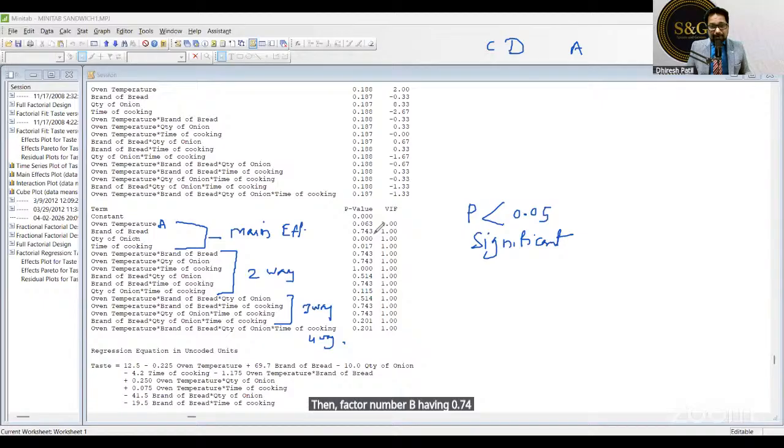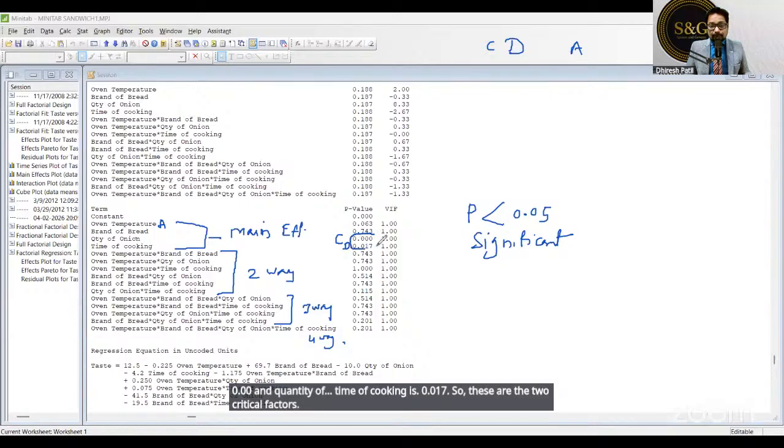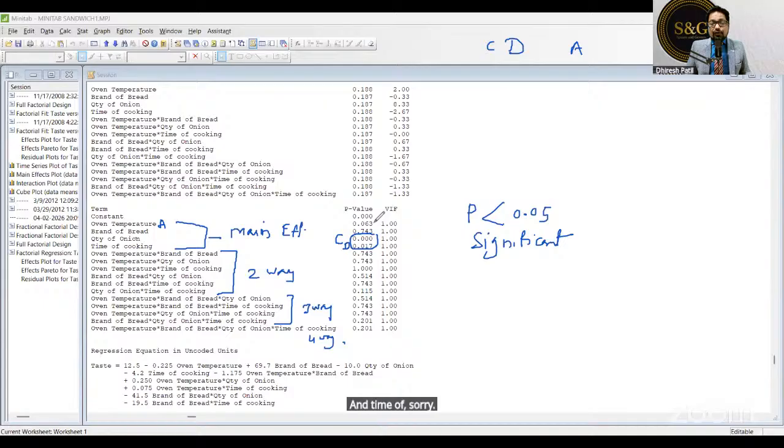It's not significant. Factor number C, which is quantity of onion, 0.00, and time of cooking is 0.017. So these are the two critical factors, and oven temperature is very close.